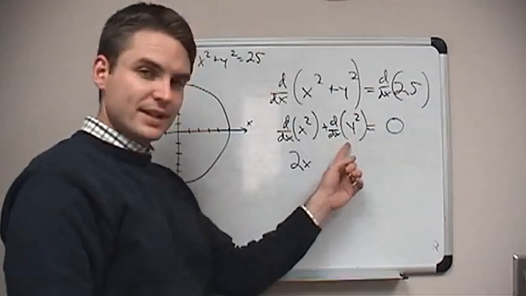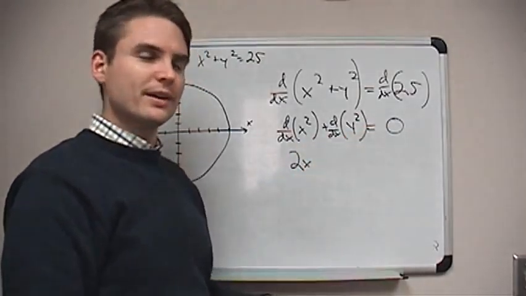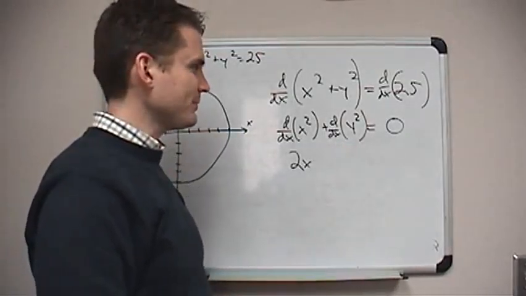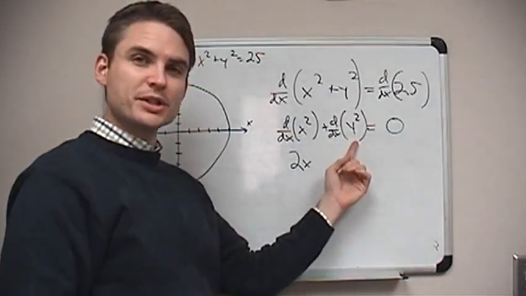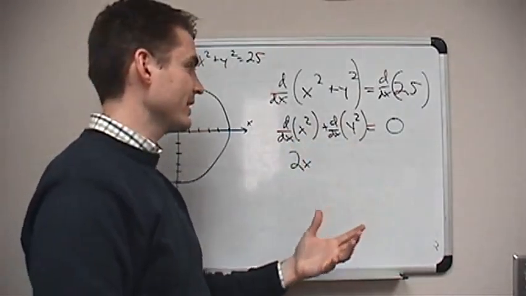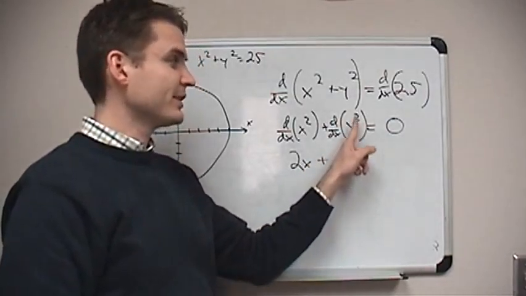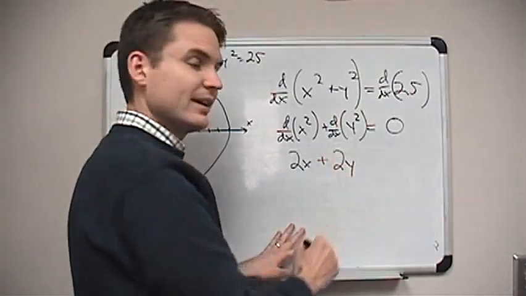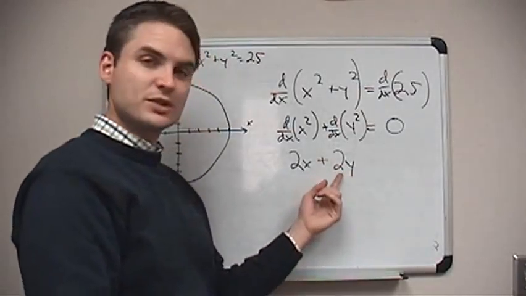Now this is the different one. We're taking the derivative with respect to x of y squared. So we don't use the power rule here, we use the generalized power rule. We treat y like it's a function. So we treat this expression as if it's some function squared. And the generalized power rule tells me that when you take the derivative of a function to the power 2, you bring down the power, you decrease it by 1, so I've got 2 times y to the first power, or just 2y.